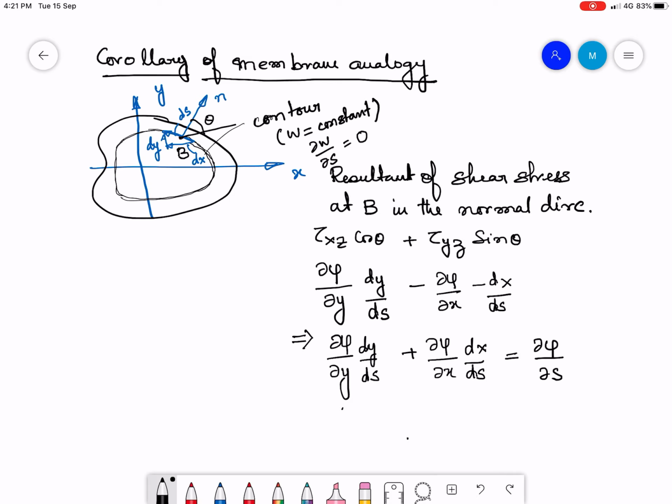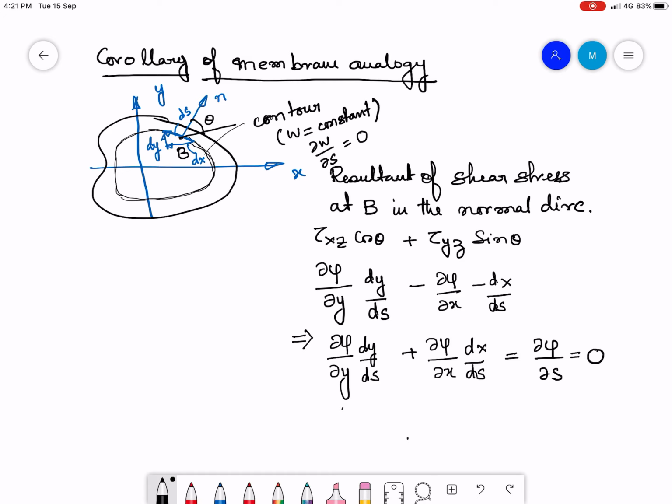Okay. Now, let us try to understand. See, phi is analogous to w, and del w by del s is 0 along this contour line. Therefore, del phi by del s is also going to be 0 along this contour line.